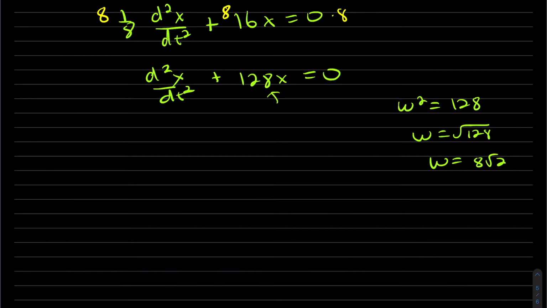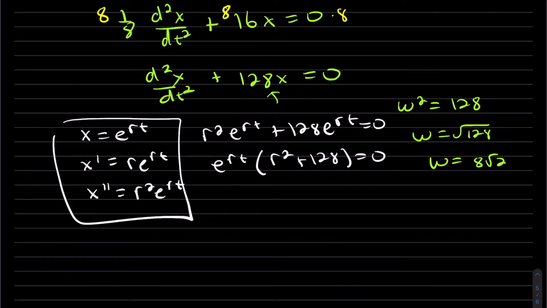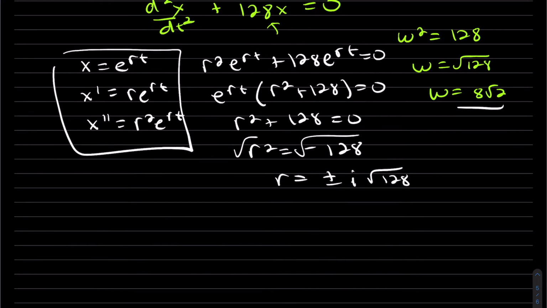But we can just solve this normally without regards to omega. So we're going to use this to solve because it's constant coefficients. So this is our x double prime. Factor that out. And again, square root of 128 is 8 root 2.